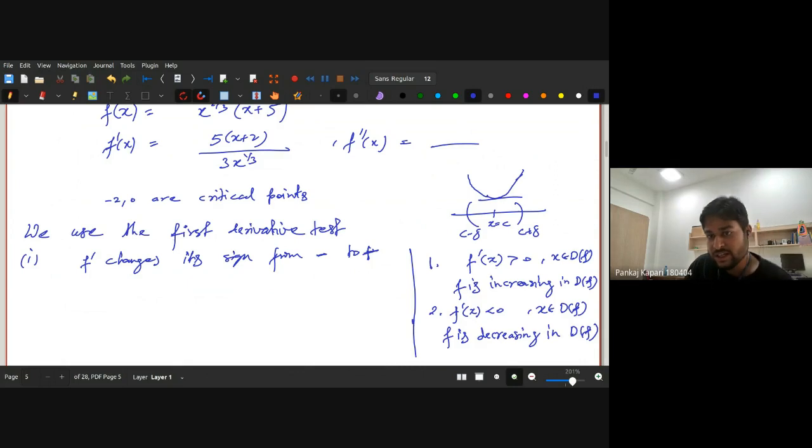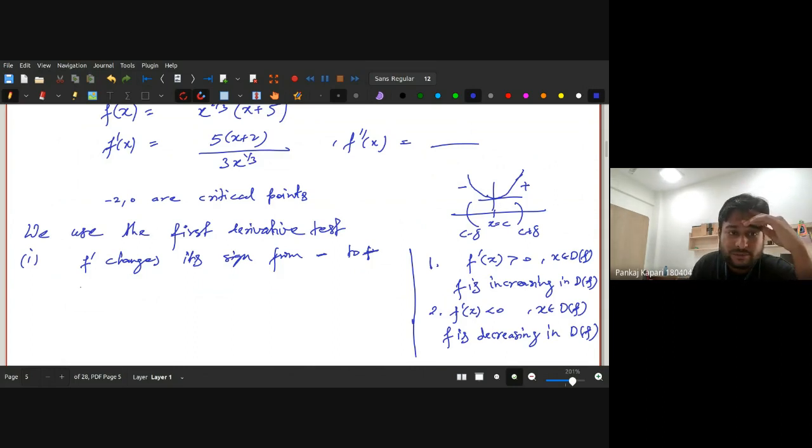So using this increasing and decreasing behavior of the function in the local neighborhood near the critical point, we can determine whether the point is a local maxima, minima, or neither. If the sign changes from negative to positive at x equal to c, the derivative is negative on the left and positive on the right, so it has a local minimum.